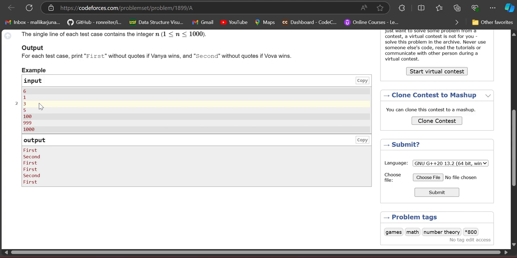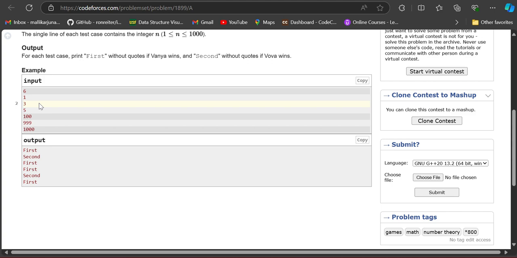And for test case number three, if I add 1 to it, I can get 4. If I subtract 1 from it, I can get 2. So the integers are 2 and 4. Both are not divisible by 3.